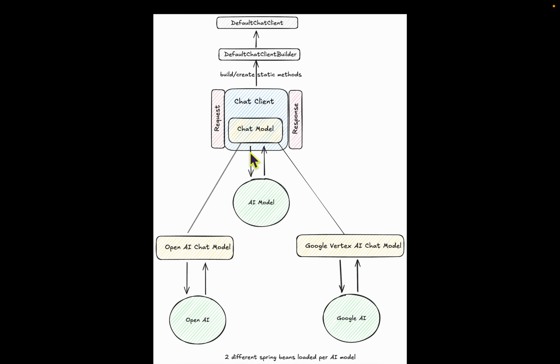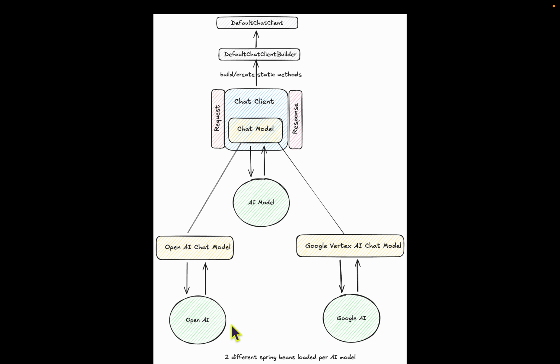If you see this diagram, we have a default chat client, which will have a chat model. This chat model can be implemented by different clients like OpenAI chat model, Google Vertex AI chat model, or it can be any model which is responsible to interact with the organization APIs from which we are requesting the data.